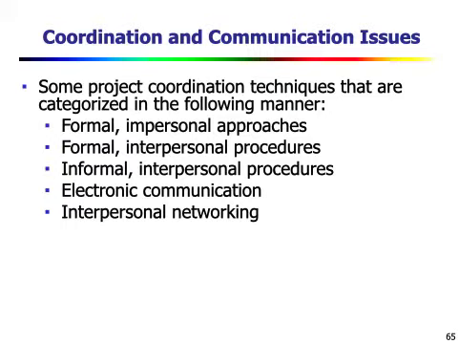Each function to be engineered by the software team must pass through a set of framework activities that have been defined for the software organization. So we need to meld between this product and the process of development.